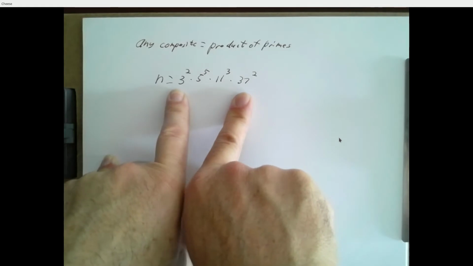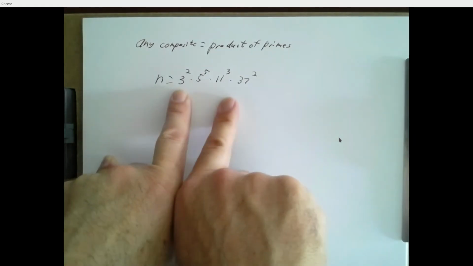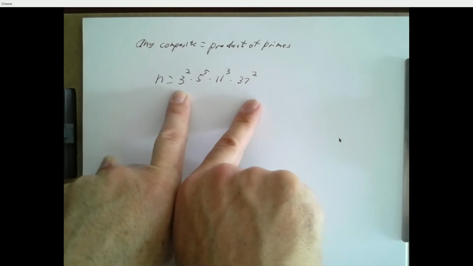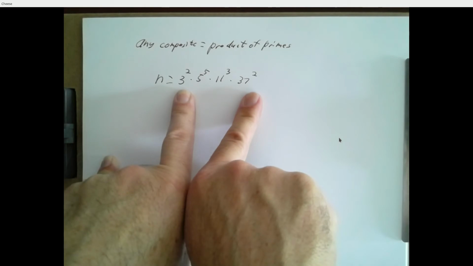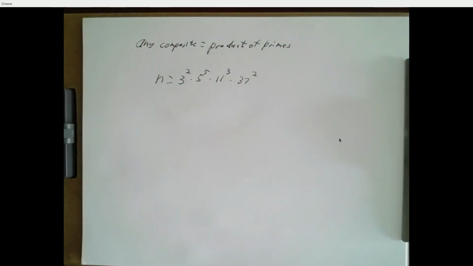It's not also equal to 5 to the 7th times 13 squared times 23 to the 3rd, right? This is an absolutely unique representation, other than the obvious rearranging of the order. And that's called the fundamental theorem of arithmetic.